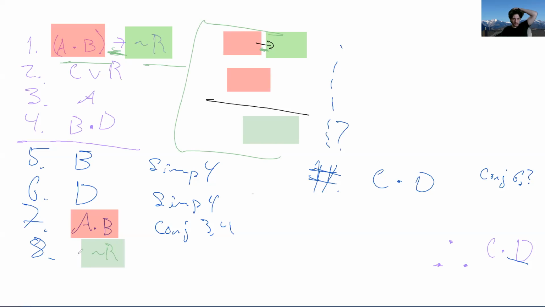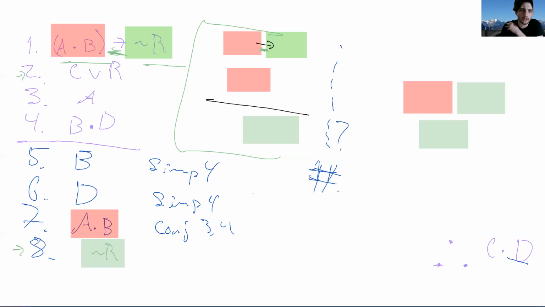Okay, so now that we have not R, we have a near miss for DS. So remember DS, so I'll go ahead and put that one over here. DS says, okay, if you have this, well, I'll put that back, that stuff was just a note for us to do later.